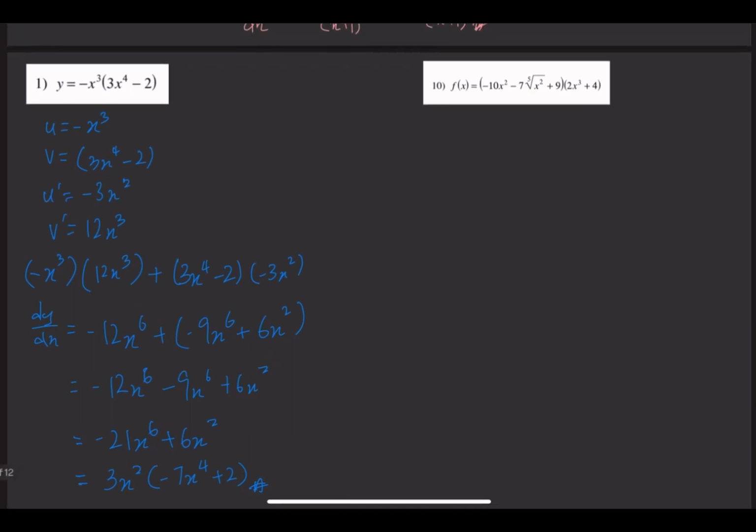For the next one, remember, it's a bit more complex, but we can do it. Alright, u equals negative 10x squared minus 7. Okay, I want to make it into another simpler form, x to the power of 2 over 5. Because remember, the square root of x equals x to the power of half, and the fifth root of x squared is equal to x to the power of 2 over 5.